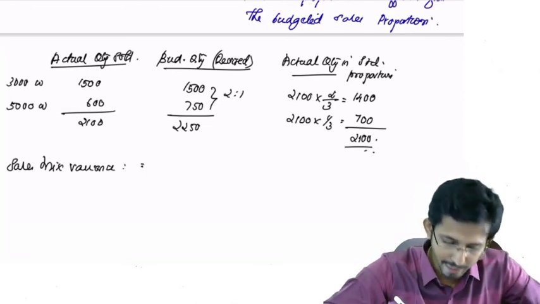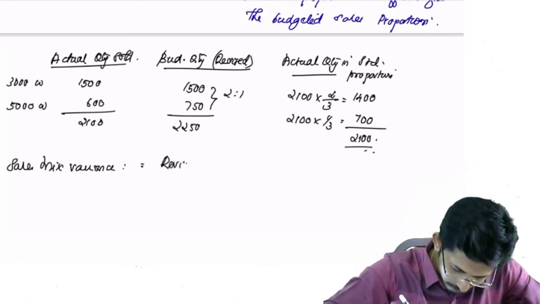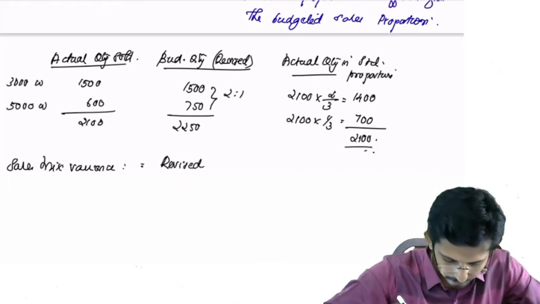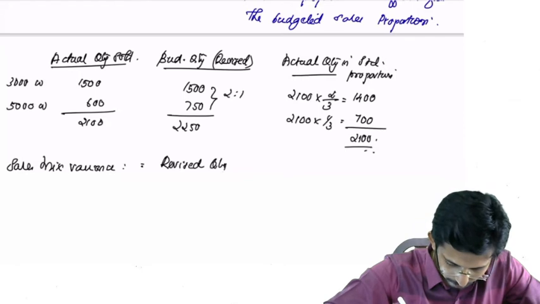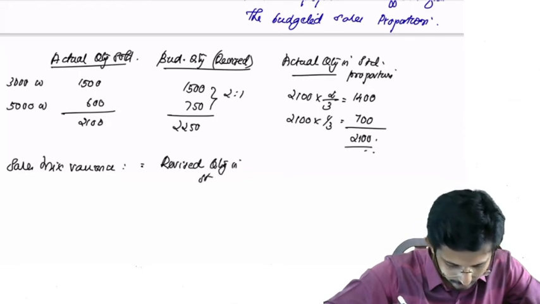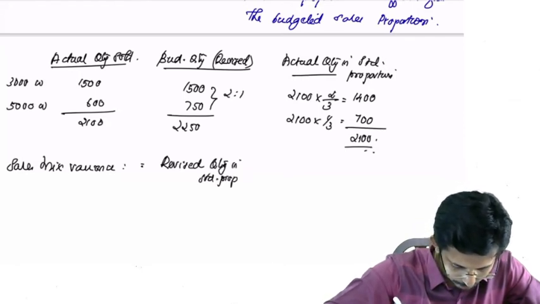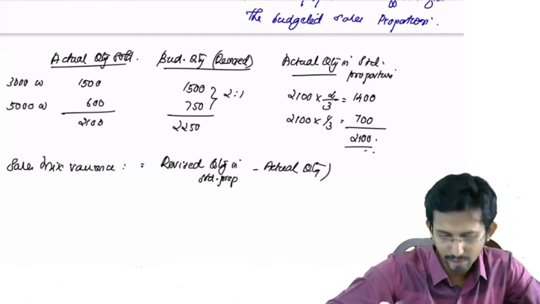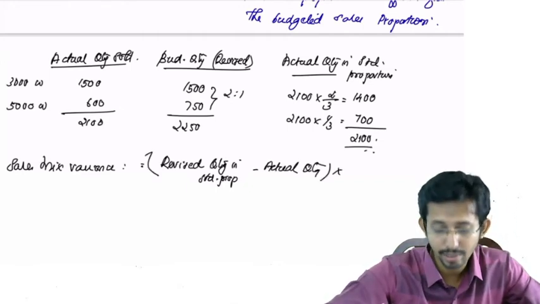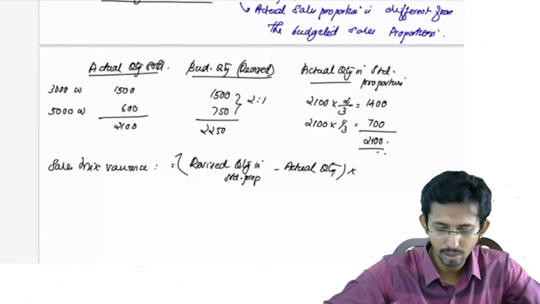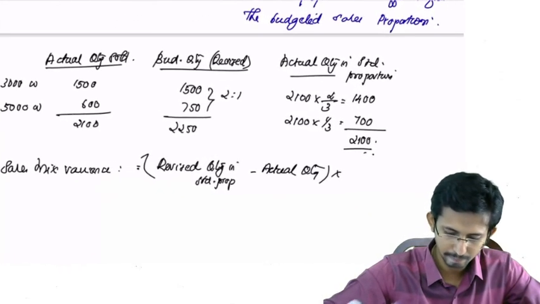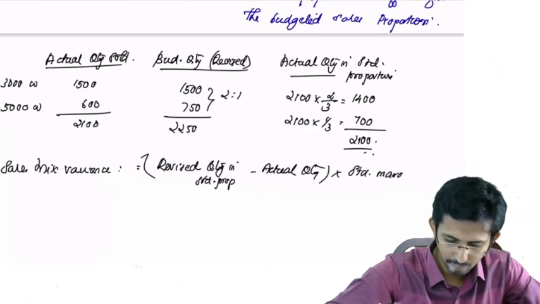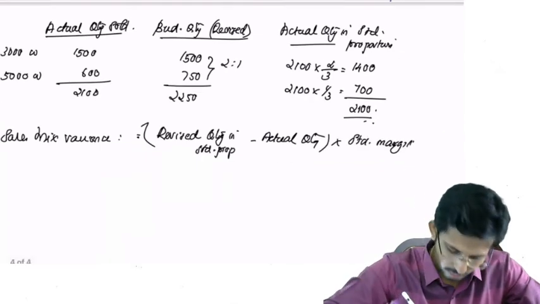You have to take the revised quantity in standard proportion minus actual quantity, into standard margin.